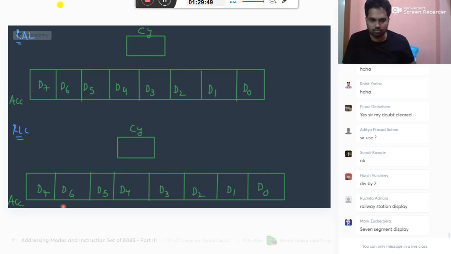So this is rotate accumulator left. Sorry, some arrows are wrong.